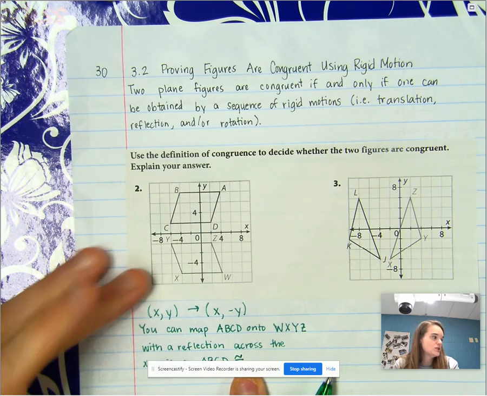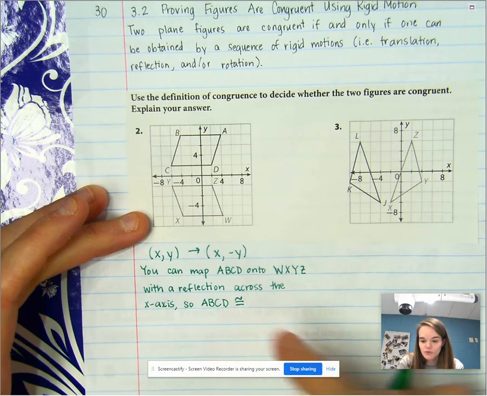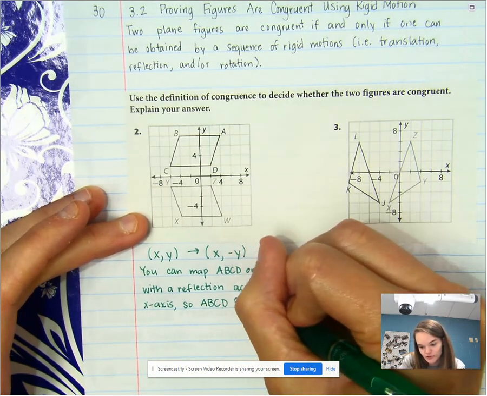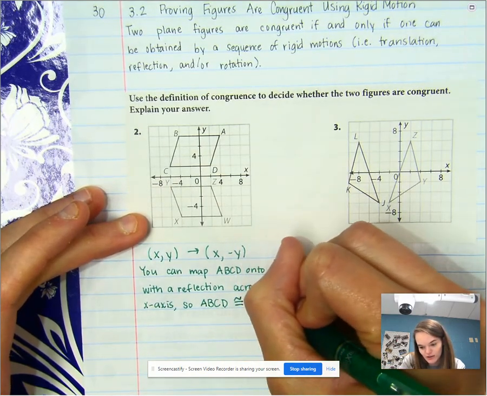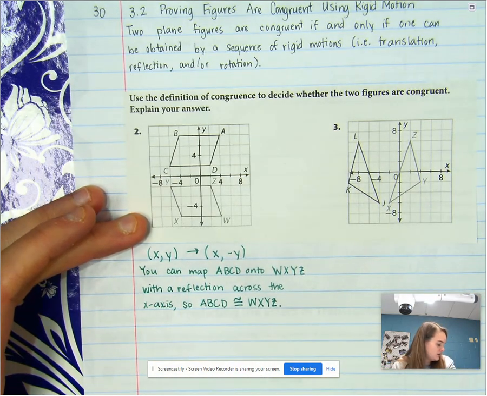Let me move it down so you can actually see it. This is congruent to W, X, Y, Z. There is my explanation. I didn't need this, but I put it.